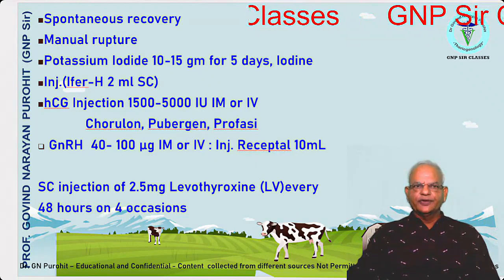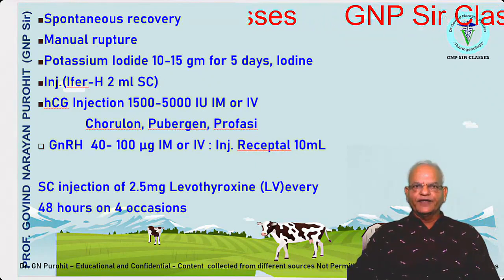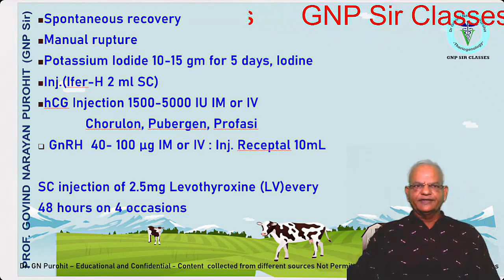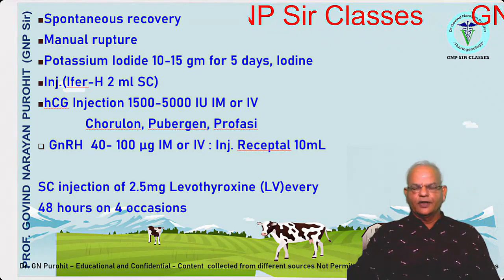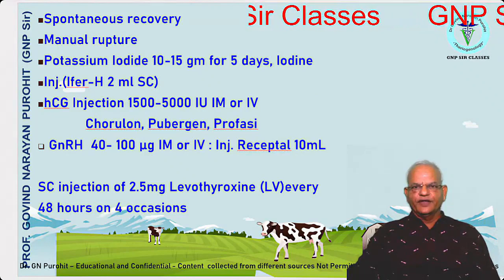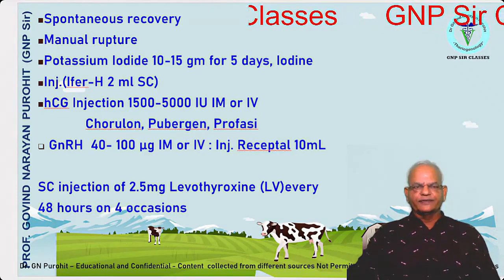Instead, you can use potassium iodide 10 to 15 grams for 5 to 7 days, iodine injections, because it has been found that ovarian cysts develop because of low thyroid function.